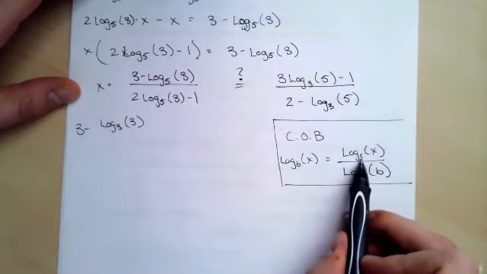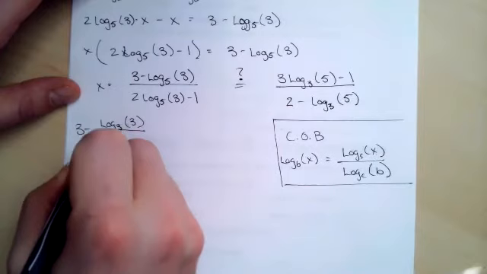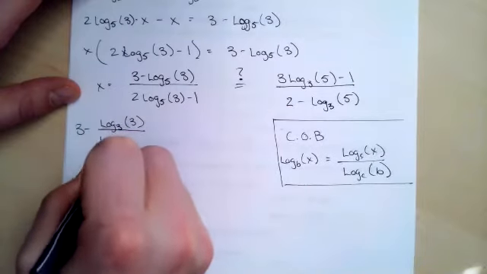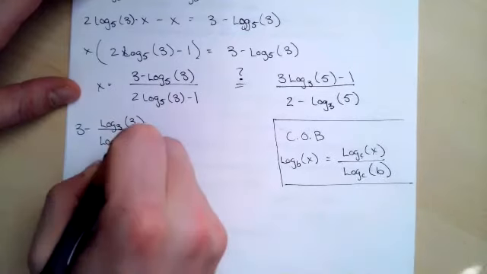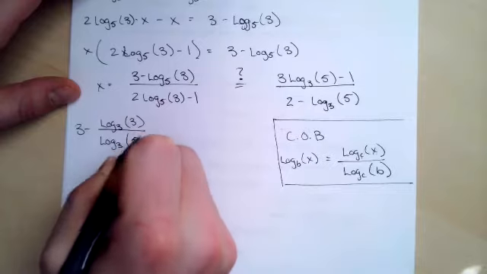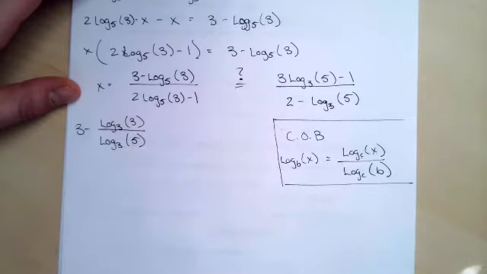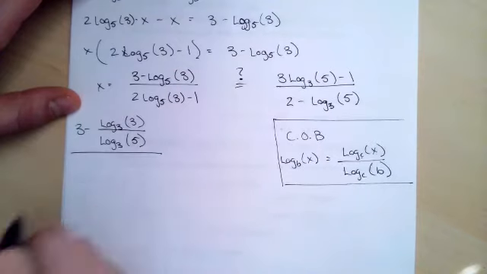So change the base, keep the argument the same, but divide by log base 3 of the old base. Put the old base in the argument on the denominator logarithm. So log base 3 of 5 goes down there. So that's our numerator.